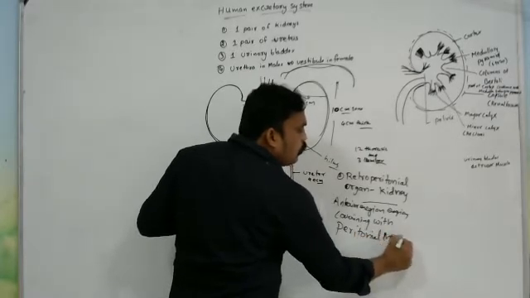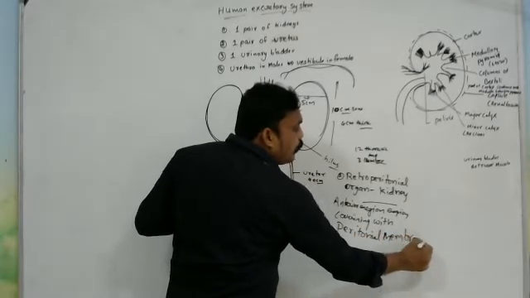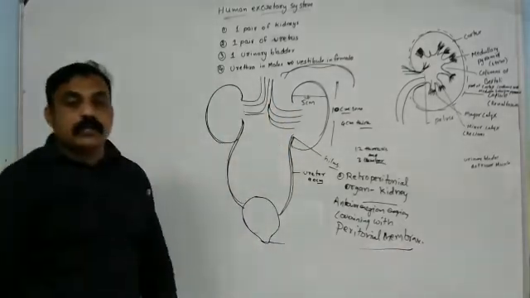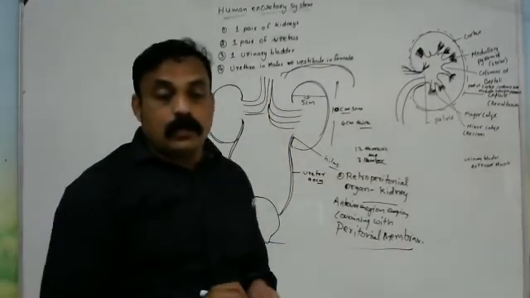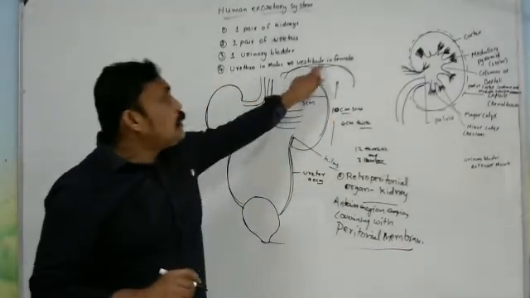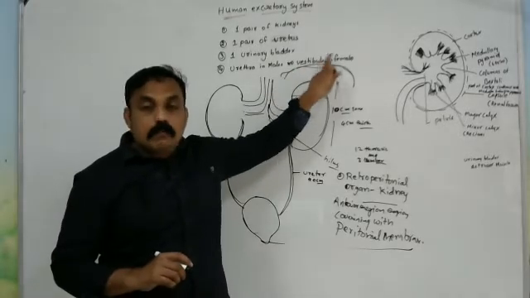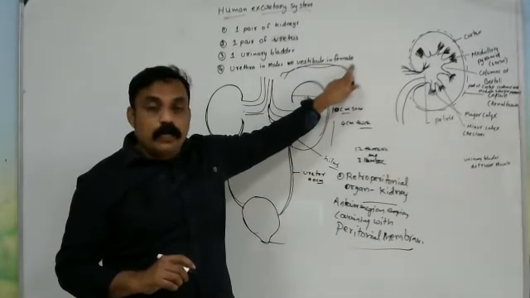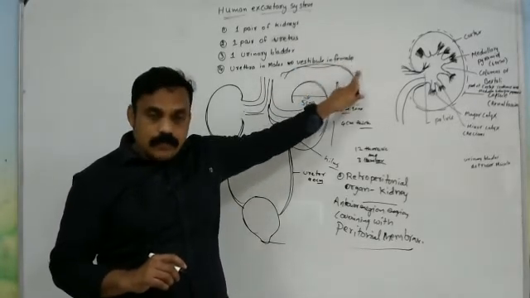So the kidney is called a retroperitoneal organ. Only the anterior side of the kidney is covered by the peritoneal membrane.